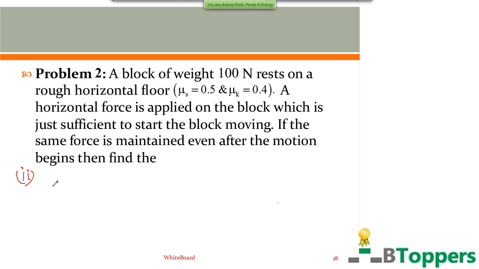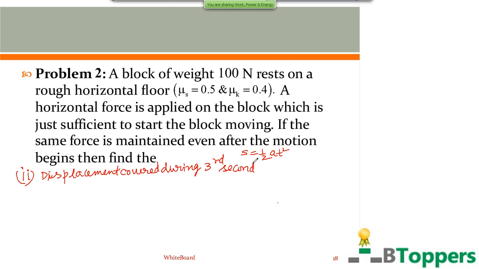So to find the average power for the third second, you have to calculate the work done during the third second, for which you have to find the displacement covered during the third second. The displacement covered during the third second can be found by using the equation s equal to half a t square.